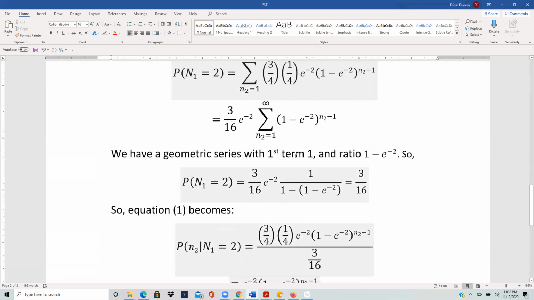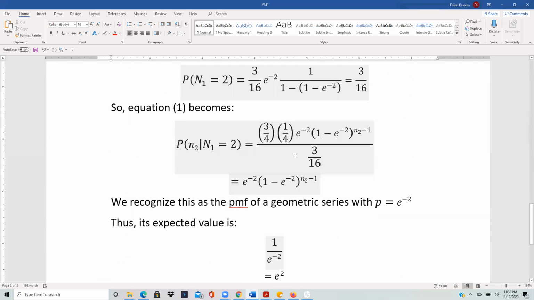Here we have e to the minus 2 times (1 minus e to the negative 2) to the N2 minus 1. So e to the minus 2 is playing the role of p, and N2 is playing the role of k. Remember, this is a function of N2 only because we are holding N1 fixed at 2.